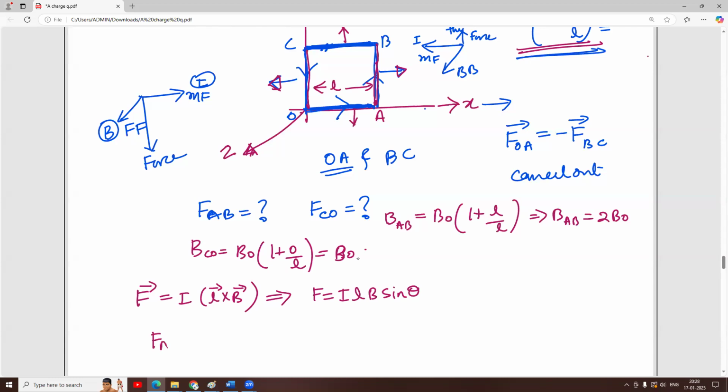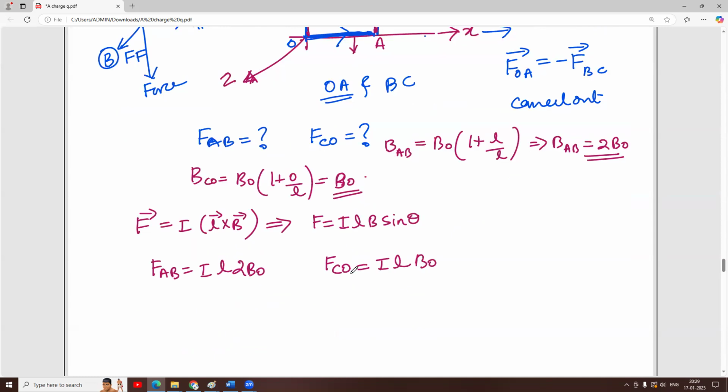So F on AB is I, the length of the conductor is L, because the side is L, and B in the place of AB is 2B naught. F on CO is equal to I, the same I, L is L, and B is B naught in the place where CO is placed.